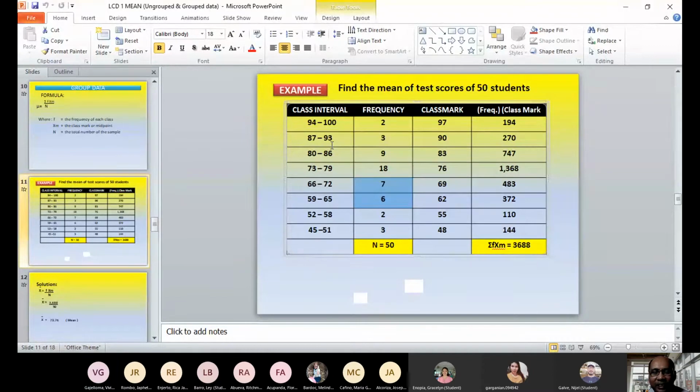So this is the problem, given na ang frequency distribution table. So what is the value of i in this case? 94 to 100. What is our interval?